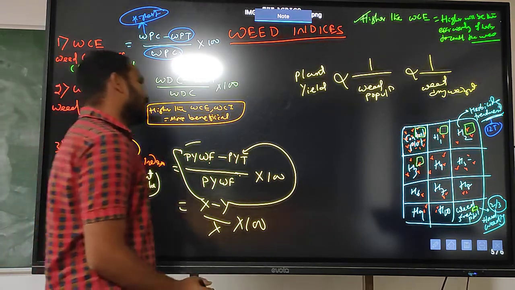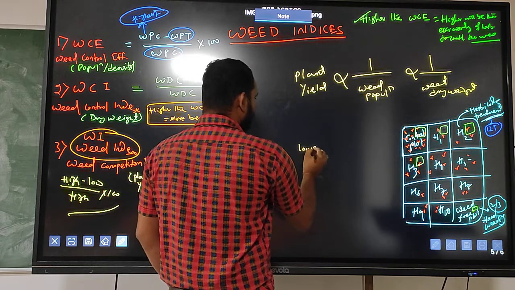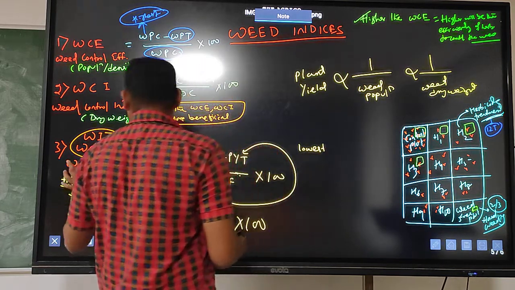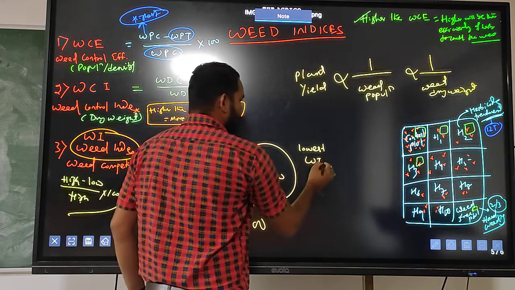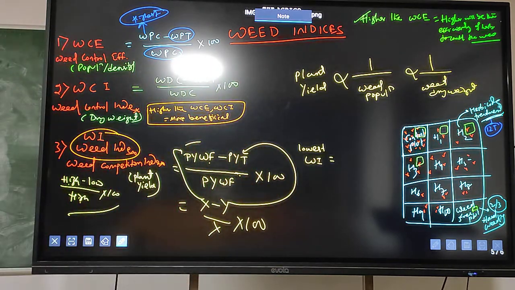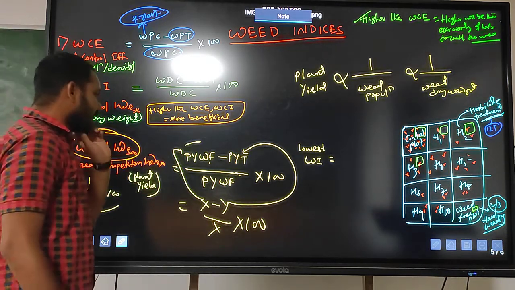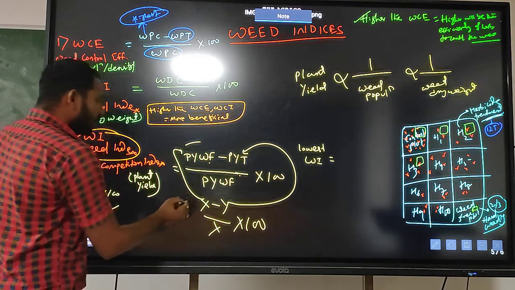So the lowest weed index, I will get from which plot? Now this is constant.